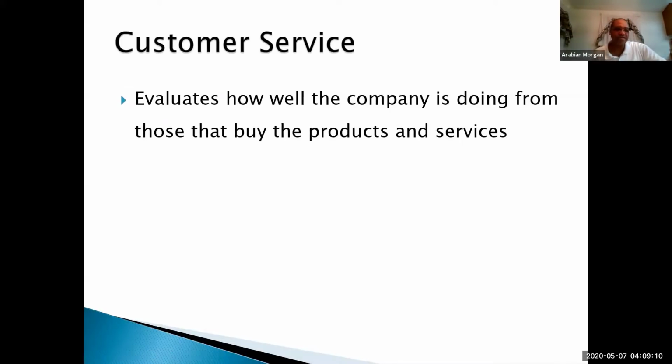This evaluates how well the company is doing from those that buy the products and services of the company. So write that down. The company needs to pay attention to this. How well is the company doing from that perspective of the people that actually buy your products and services?